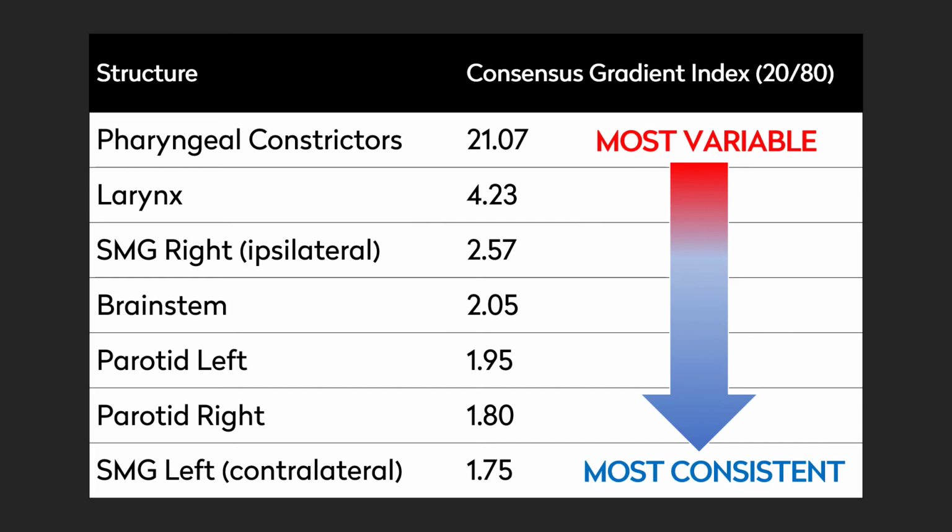Next, also quite variable, the larynx. The ipsilateral submandibular gland was next on the list, which is really interesting in comparison to the fact that the most consistent across the population here was the left submandibular gland. So I think it definitely had to do with the invasion of the disease. Brainstem, then the two parotids very close to each other.